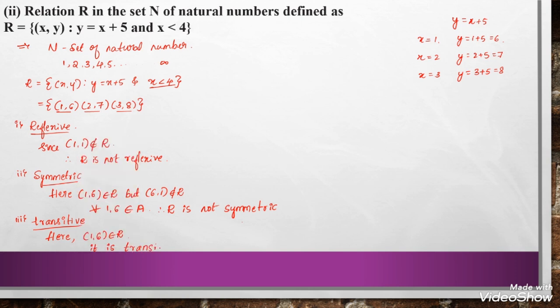If only one ordered pair is present, then obviously it holds the transitive condition. This is one of the exceptional cases.